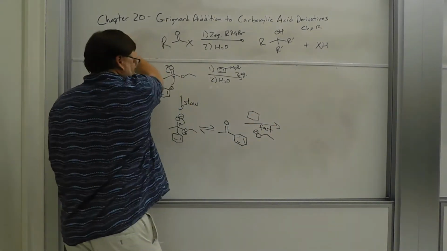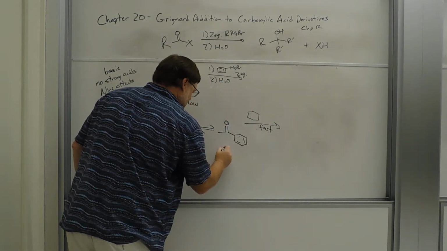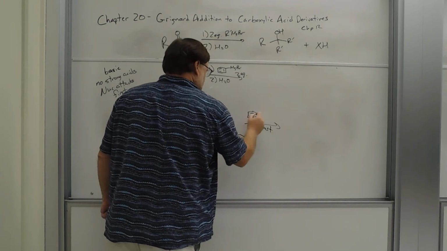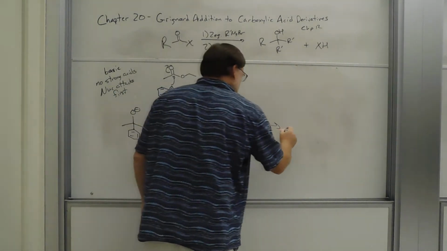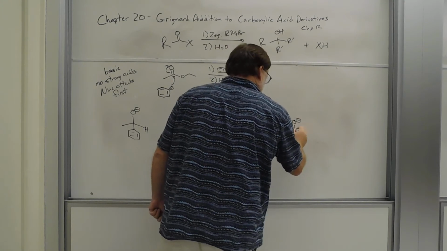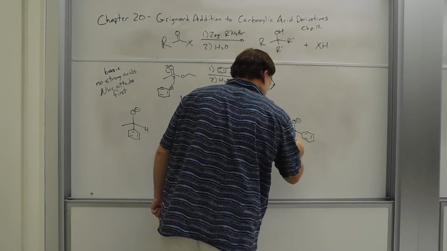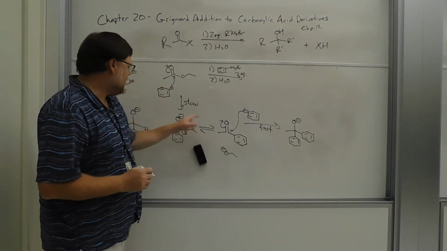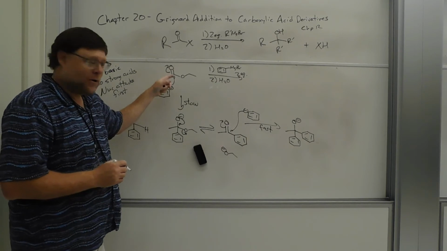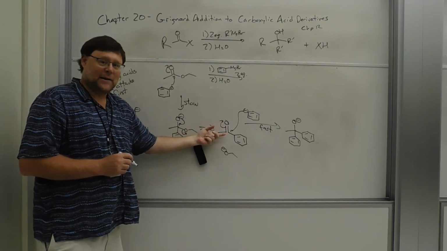Let me draw that ethoxide somewhere else. Okay, there's no way to say just add the Grignard into the ester, but stop it before it adds into the ketone.